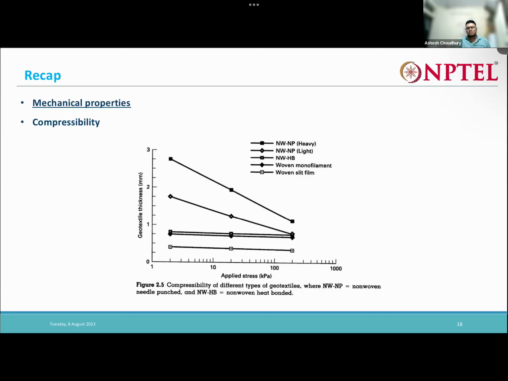For non-woven, the compressibility is very high. As we increase the applied stress, there is a rapid reduction in the thickness of the geotextile. For woven geosynthetic and heat bonded non-woven geosynthetic, the compressibility is very low. The thickness doesn't change that much due to the application of pressure.